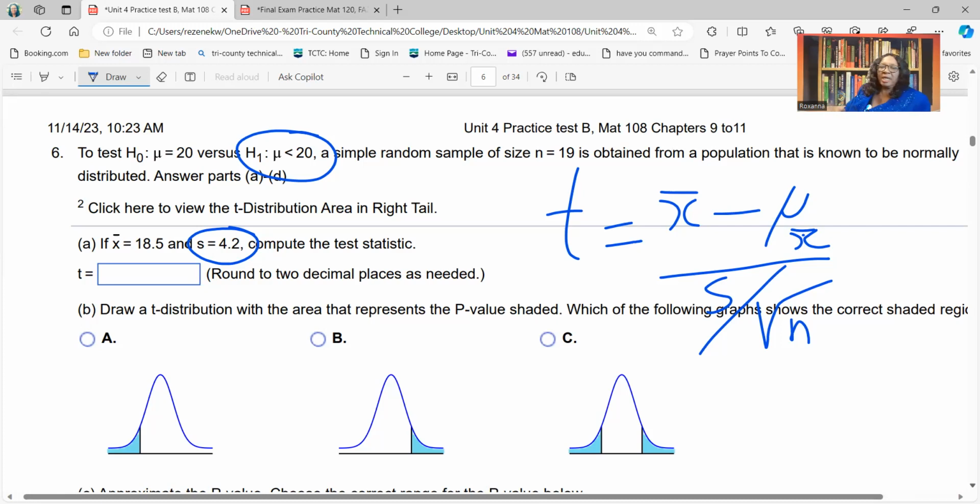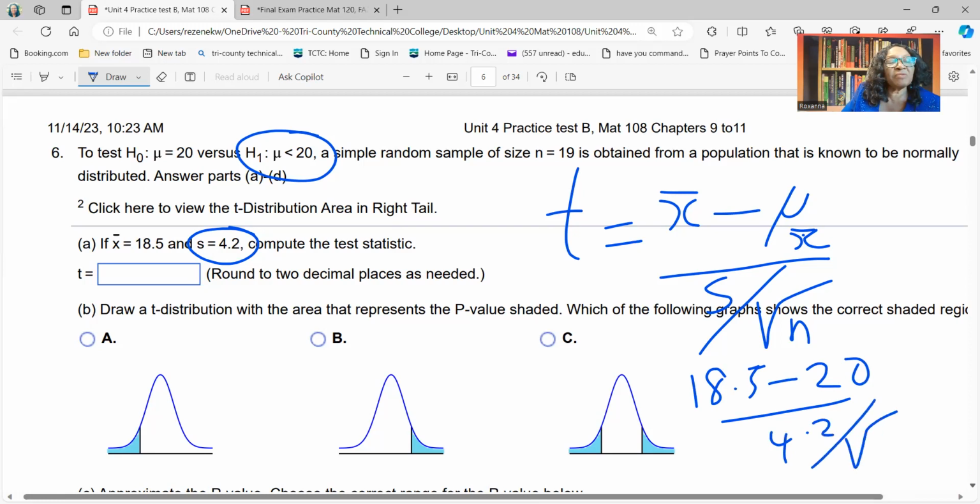All right, so X bar is given to us as 18.5. The mean, the status quo, is given to us as 20, divided by the standard deviation, 4.2, divided by square root of sample size, and the sample size is 19. And you can calculate this.